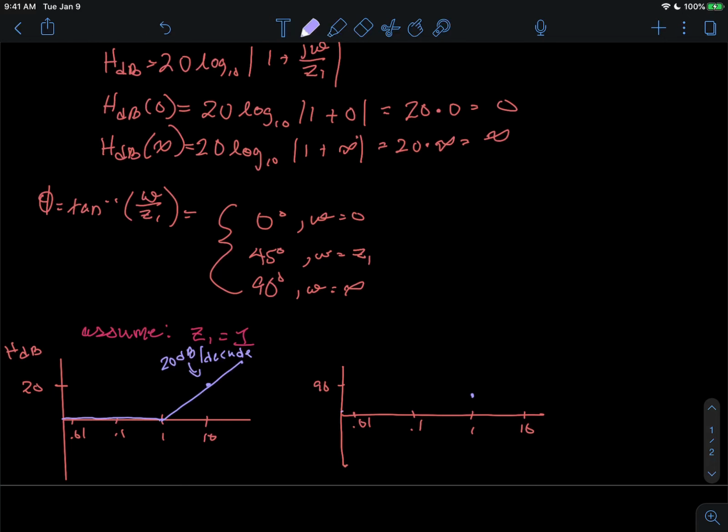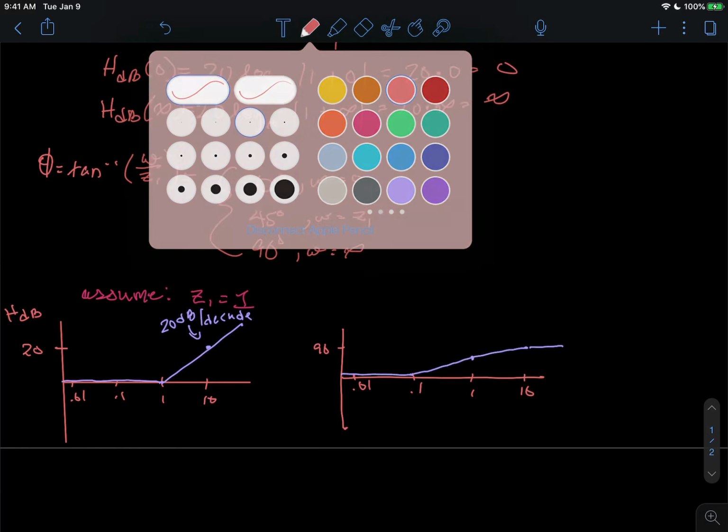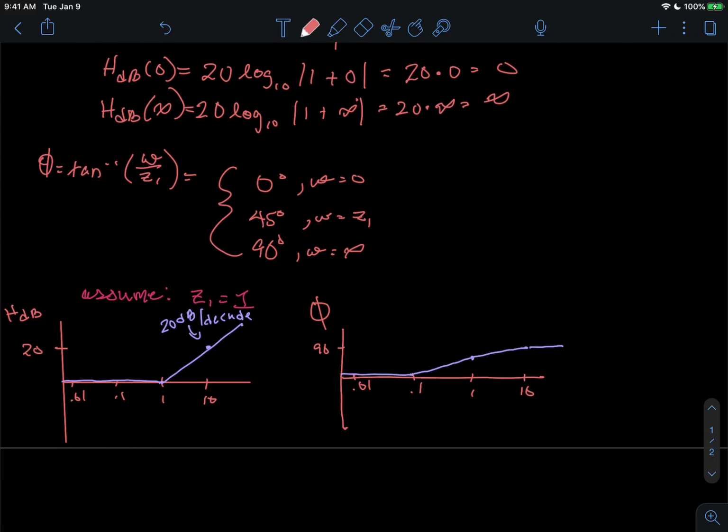So it'll be 0 for all this period, and then 90 at this point right there, and then it just connects right there. That would be the phase of the system, and that would be the magnitude. So that would be the Bode plots for both of these, and then omega is down there.